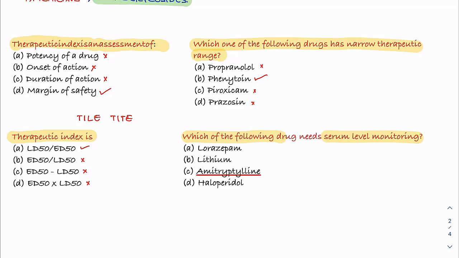Please remember, it is not lorazepam. Lorazepam has a wider therapeutic index. Haloperidol has a wider therapeutic index. Amitriptyline also has a wider therapeutic index compared to lithium. Lithium has a narrow therapeutic index, which requires serum level monitoring. So this is the right answer.